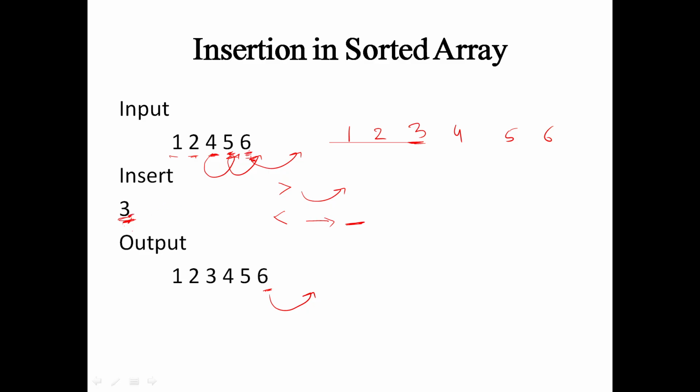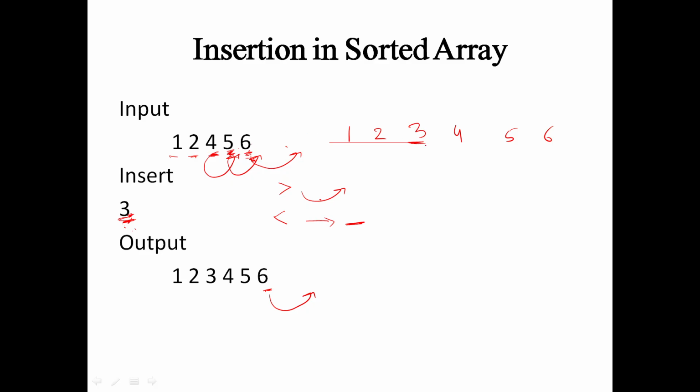If the array element is larger than the new element, then we need to shift. If it is less than, then we do not shift, we stop there. Okay, 6 is larger than 3, so we need to shift 6. 5 is larger than 3, so we need to shift 5. 4 is larger than 3, so we need to shift 4. 2 is not larger than 3, so stop there.